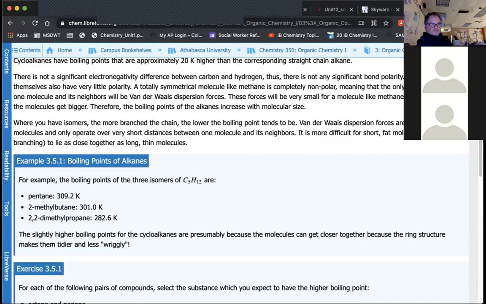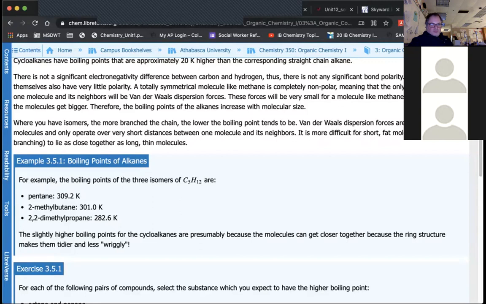If these things need to get closer together, the long thin molecules are going to be better at that, and thus causing those temporary dipole moments where the electrons get shifted and you get partial charges, and now they're attracting each other more. If they're branched, imagine a fallen tree that still has its branches on it. It's all jacked, so you would not be able to stack those easily together.